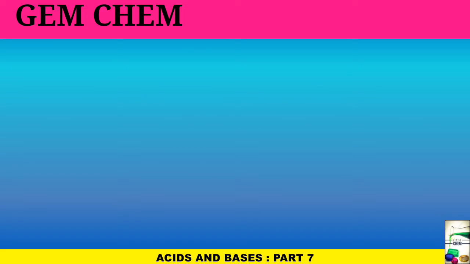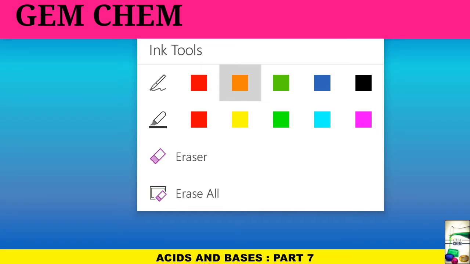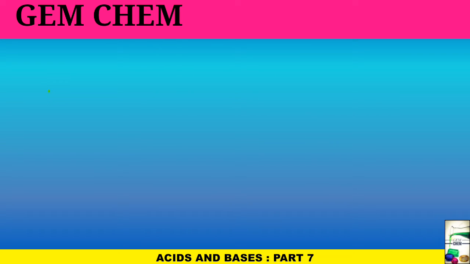Now we will see a few more examples. Suppose we consider a compound containing an amine, that is N with 3 R groups, a tertiary amine. Here it has a lone pair, so we can write it as a Lewis base.